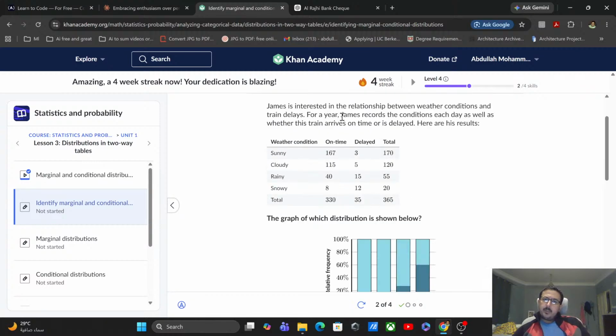James is interested in the relationship between weather conditions and train delays for a year. James records the conditions each day as well as whether his train arrives on time or is delayed. Here are his results.